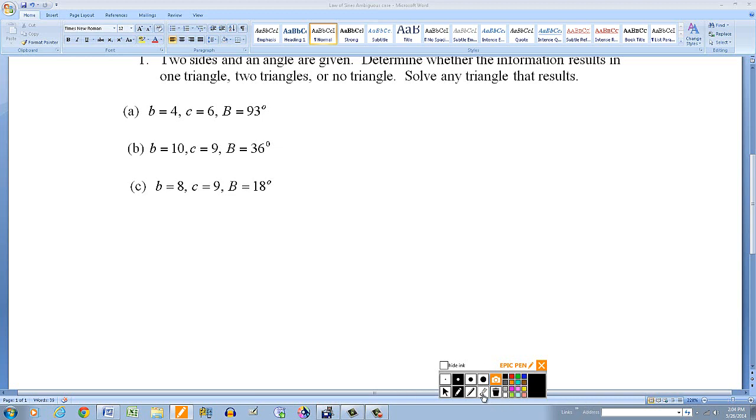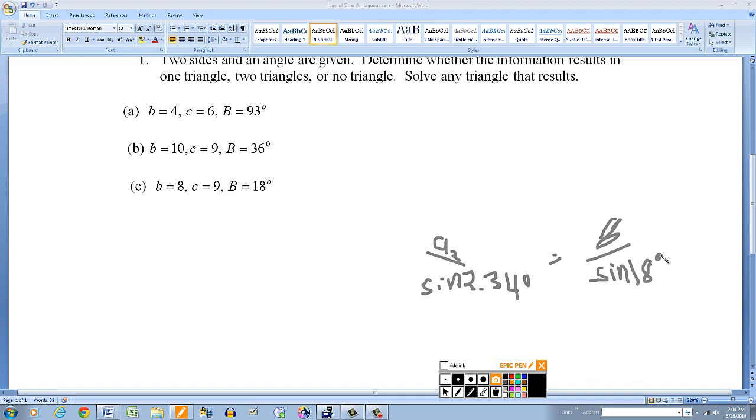I erased what I didn't want to erase, so let me put it back. Here's what we had: A2 divided by the sine of 2.34 degrees is equal to 8 divided by the sine of 18 degrees.